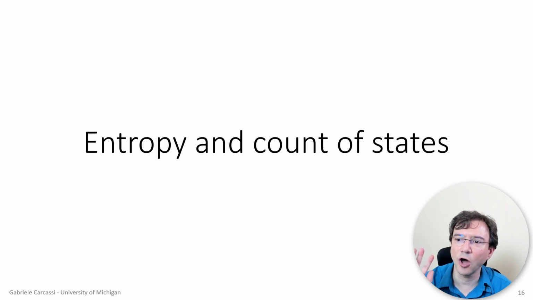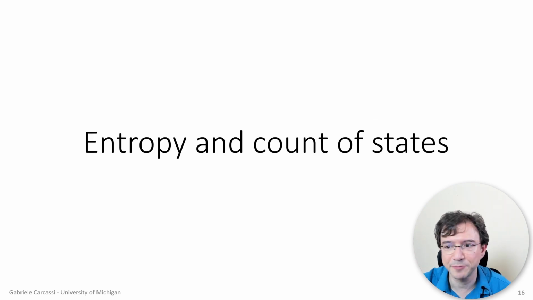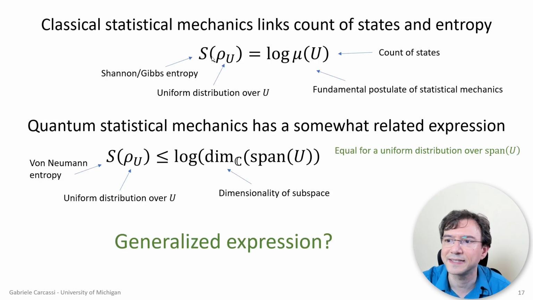Okay, so that was all about probability and expectation value, but there is something else that we use measures for in physics, especially in classical mechanics, which is for the count of states. So in classical statistical mechanics, there is a link between entropy and the geometry of the space. It basically tells us that if we have a uniform distribution over U, then the Shannon-Gibbs entropy is equal to the logarithm of the count of states.